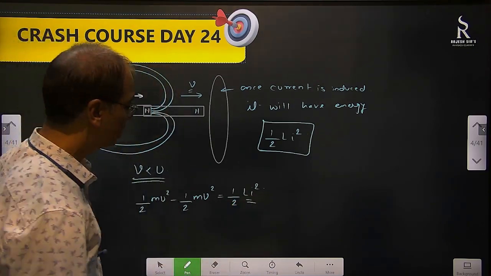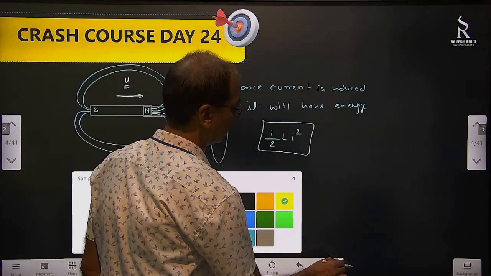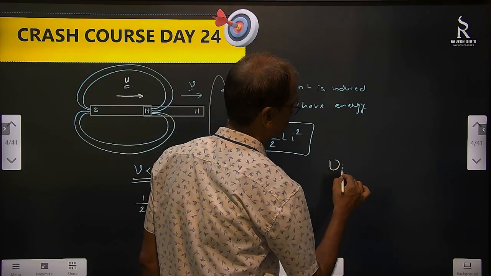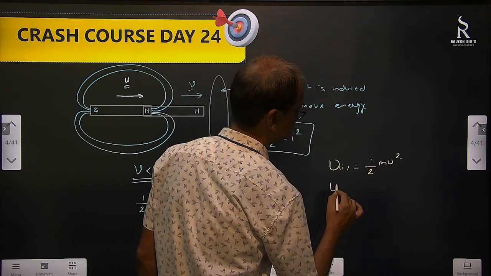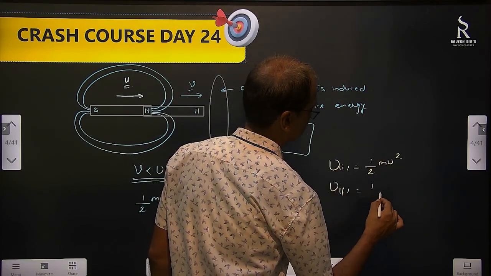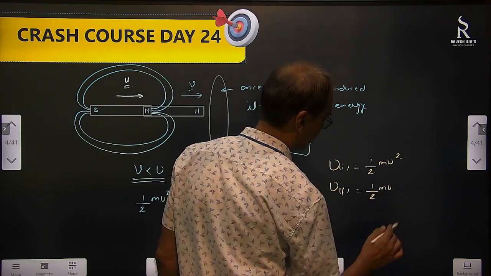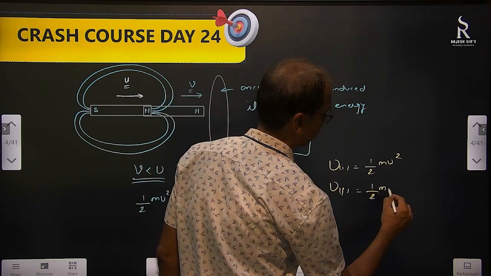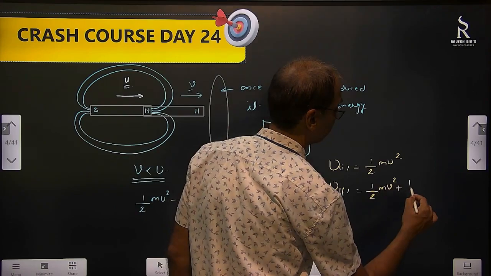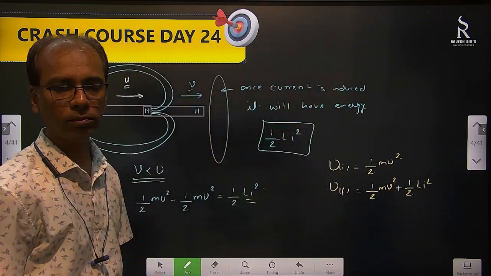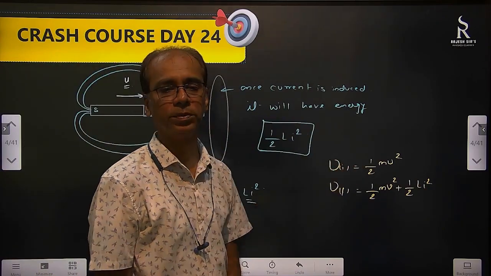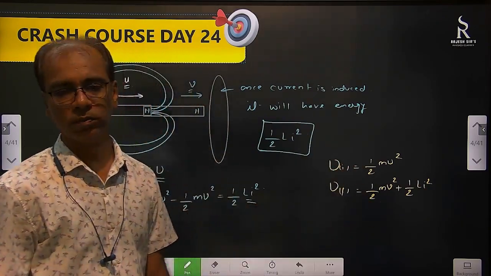Initial energy associated with the magnet is half m u square, and final energy is half m v square, the kinetic energy of the magnet. If you add half Li square, both are equal. So initial energy associated with the system equals final energy associated with the system.